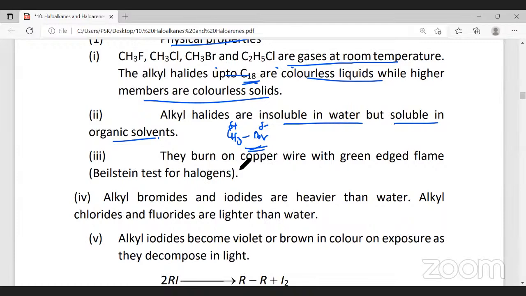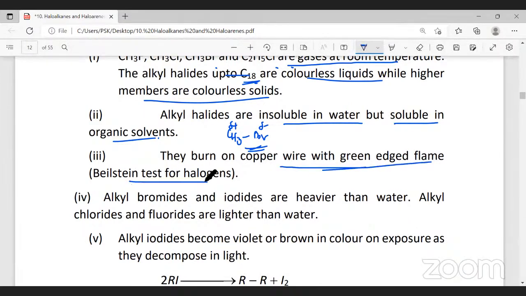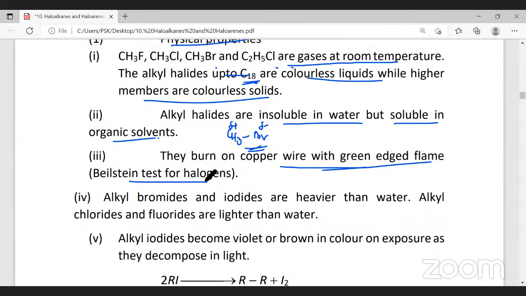Now, the next is they burn on copper wire with a green-edged flame. It's called Beilstein's test. Presence of halogen is determined by Beilstein's test. What we do is a copper wire is dipped into an organic liquid and subjected to the non-luminous, blue flame in the Bunsen burner.